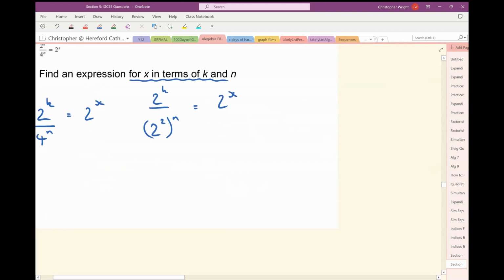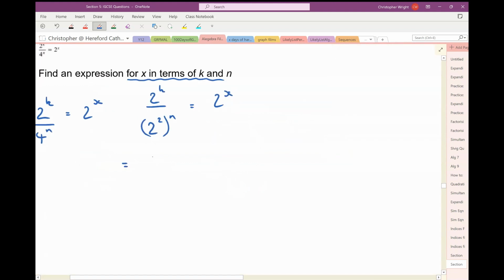Right, let's continue simplifying here. So I've got 2 to the power of k divided by 2 squared raised to the power of n. You multiply those, don't you? So that's 2 to the power of 2n equals 2 to the power of x. Okay, now this left-hand side is 2 to the power of k divided by 2 to the power of 2n. And of course you subtract the indices, so that's going to be 2 to the power of k minus 2n.